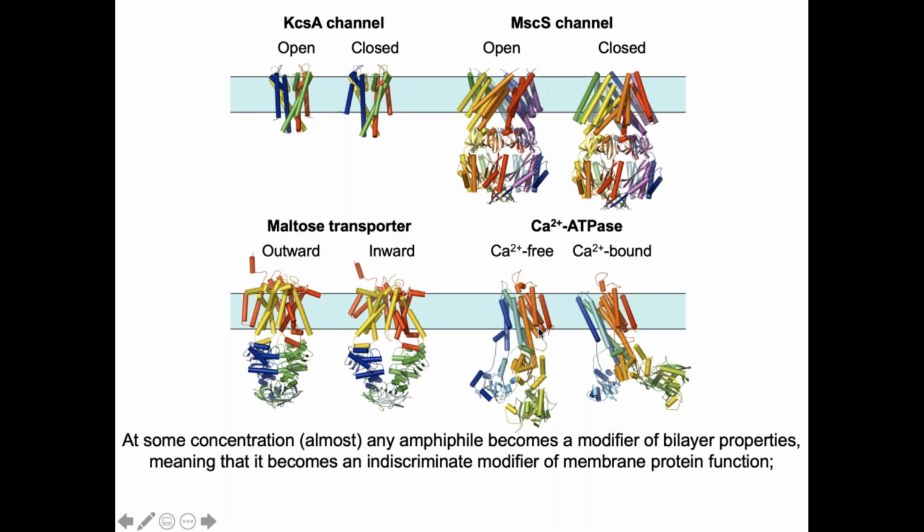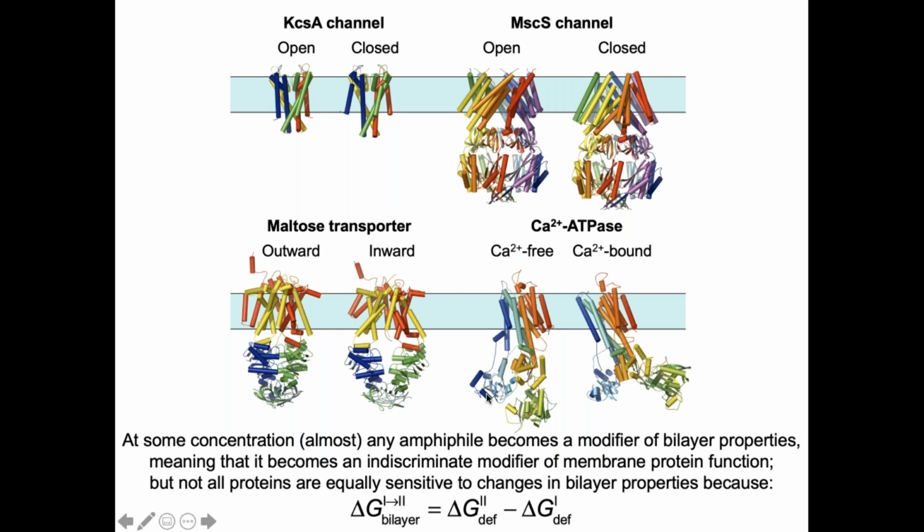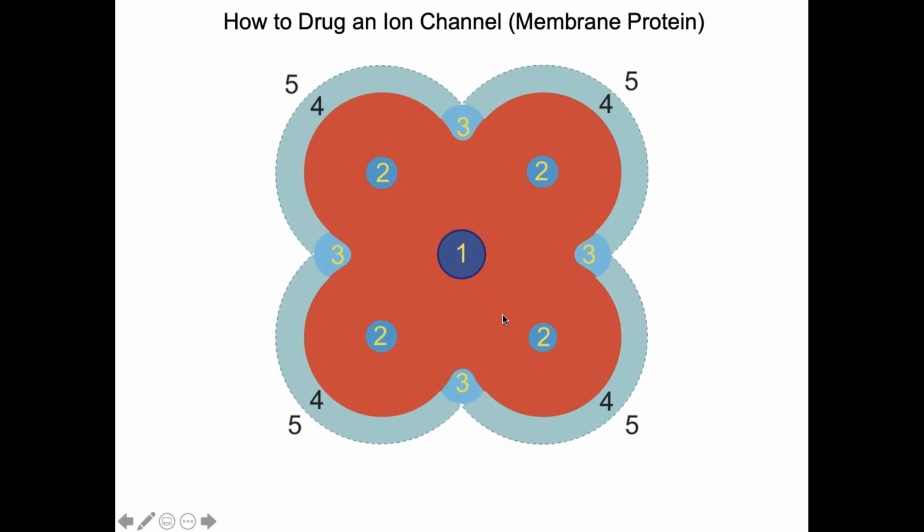And you can now make the general statement that at some concentration, almost any amphiphile becomes a modifier of bilayer properties, meaning that it becomes an indiscriminate modifier of membrane protein function. But all proteins will not be equally sensitive to changes in bilayer properties, because the bilayer contribution will be the difference between the bilayer deformation energies associated with the different conformations.